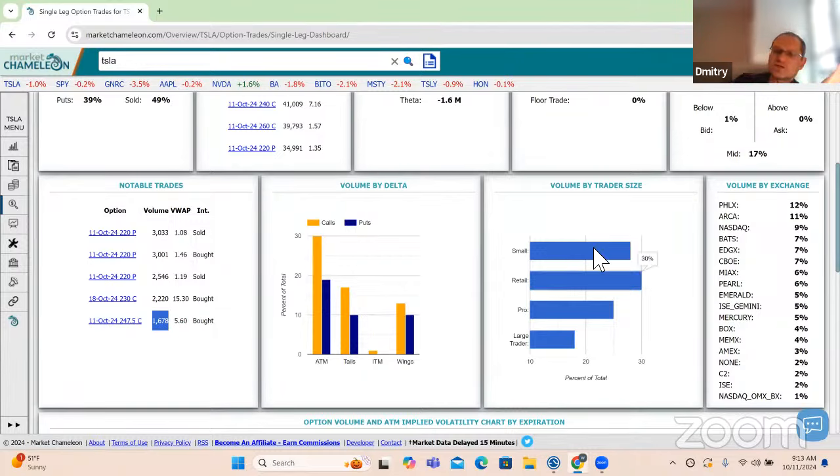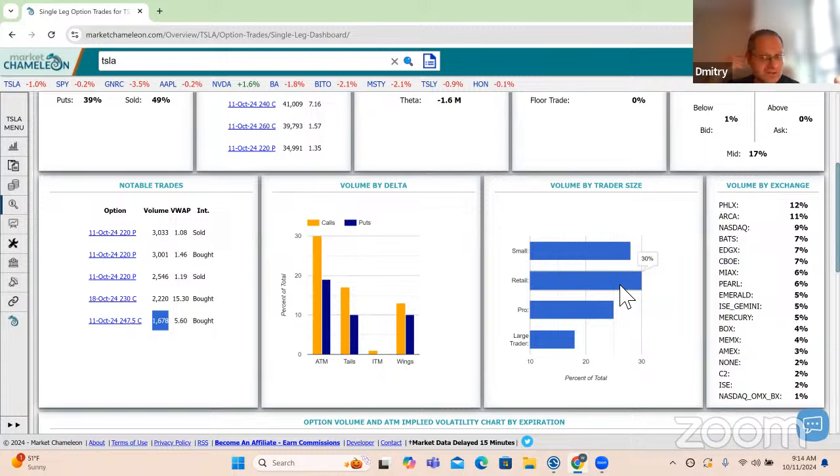So this is the breakdown that we saw in Tesla. You've got 28% that look like small retail traders. Then another 30% that also look like retail trading, but not very small, more than $1,000 in notional and 10 contracts.